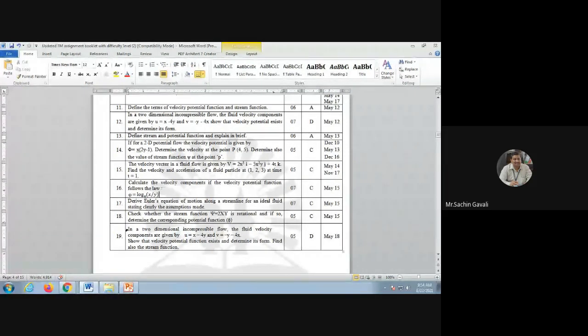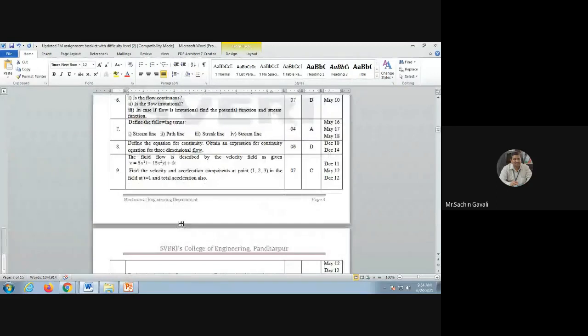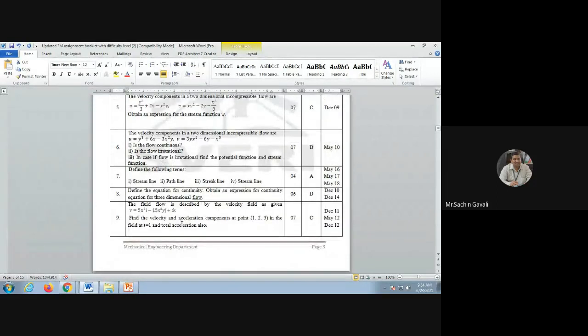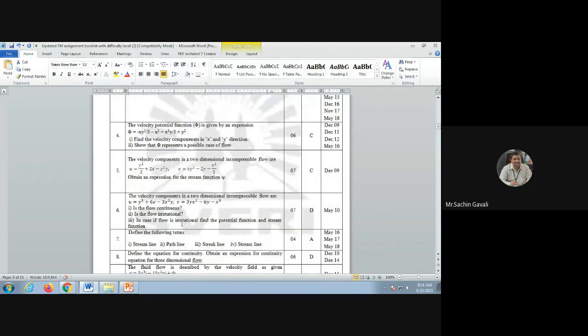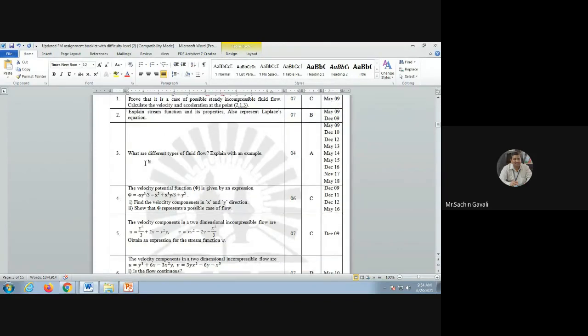Okay, we'll take this numerical. Before that, one simple numerical. Now these are all the numericals I completed on the continuity equation.